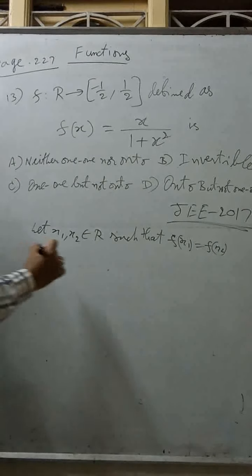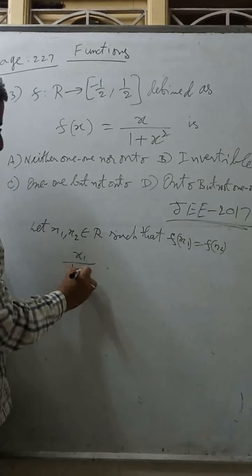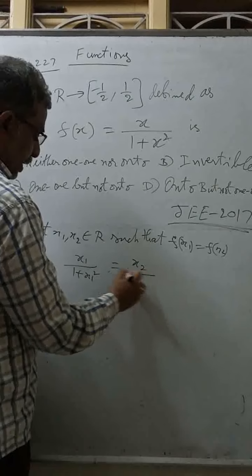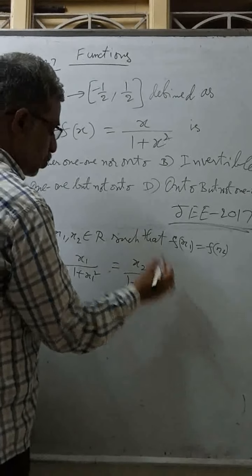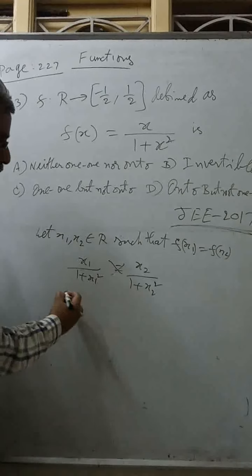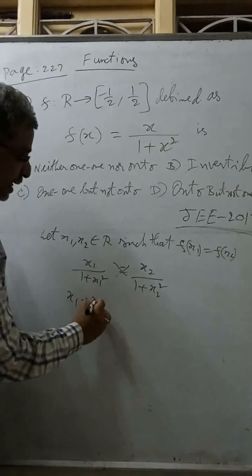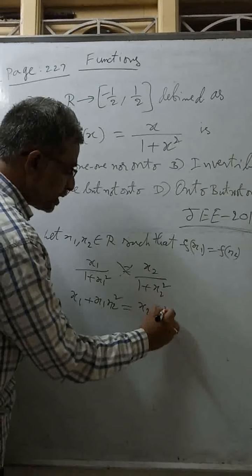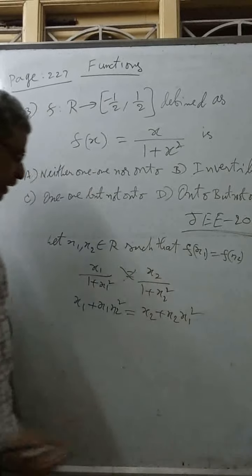Simplifying, x1 by 1 plus x1 square equals x2 by 1 plus x2 square. So x1 plus x1 into x2 square equals x2 plus x2 into x1 square.